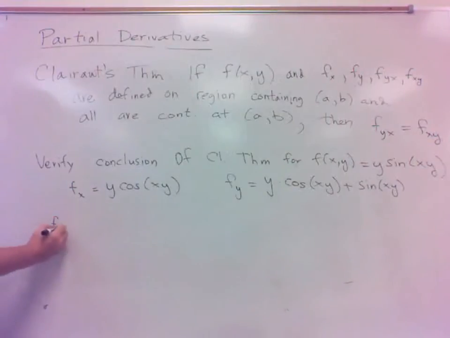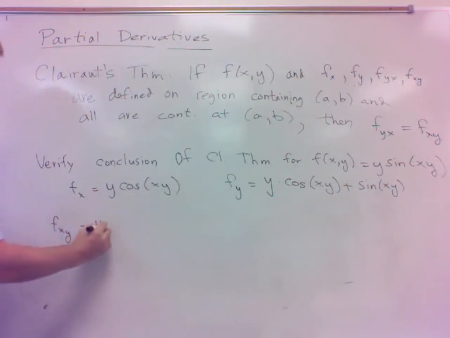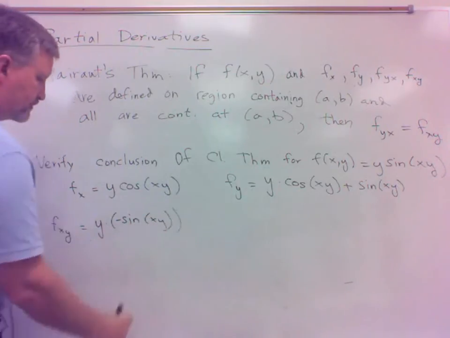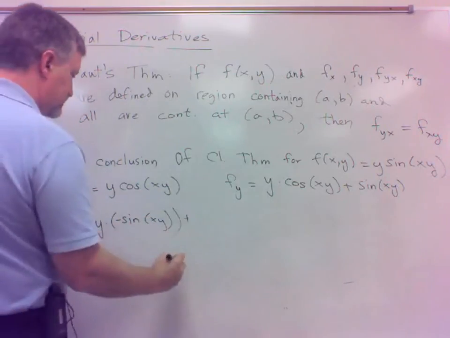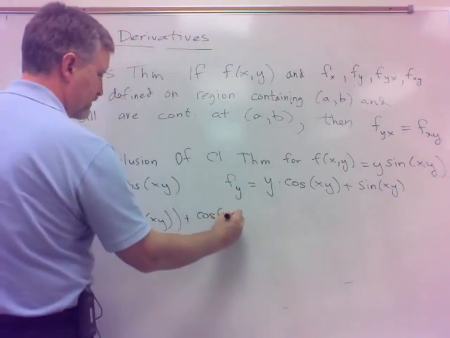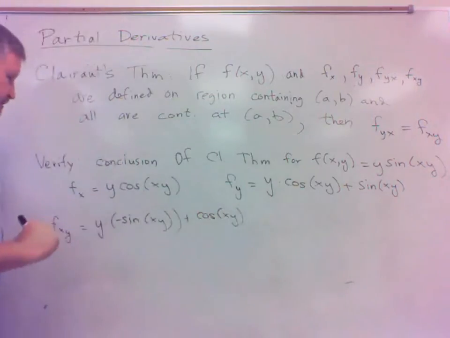All right, so f xy, partial derivative, I'm doing this one but with respect to y now, right? So that is a product rule, so it'll be y times the derivative of that, negative sine xy, plus, reverse that, cosine of xy times the derivative of y, so that's just 1.